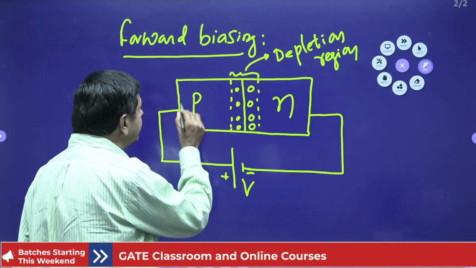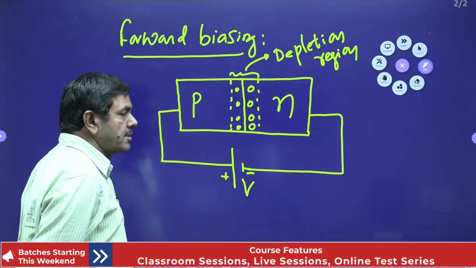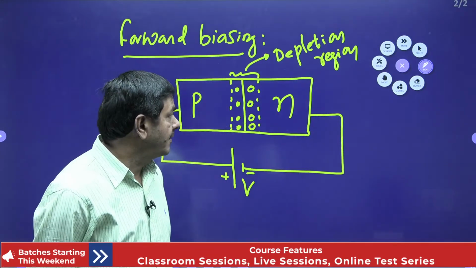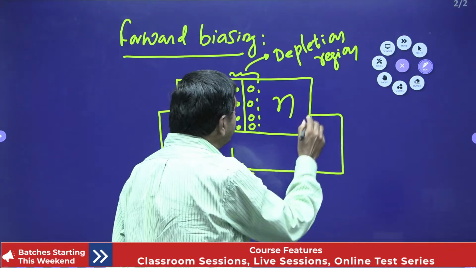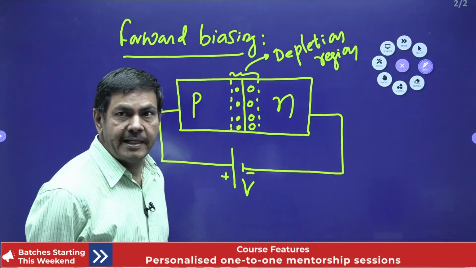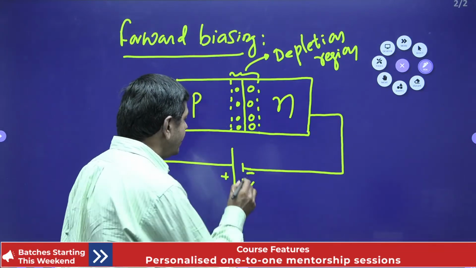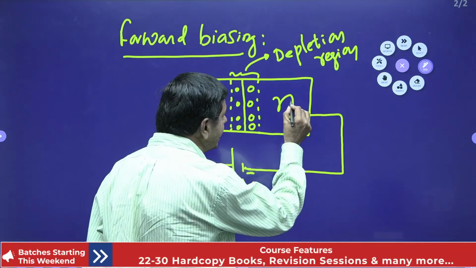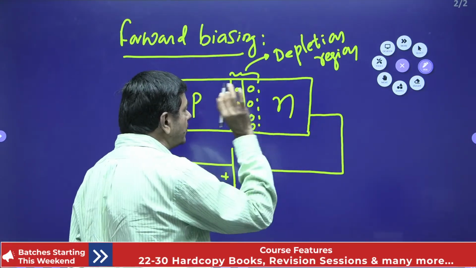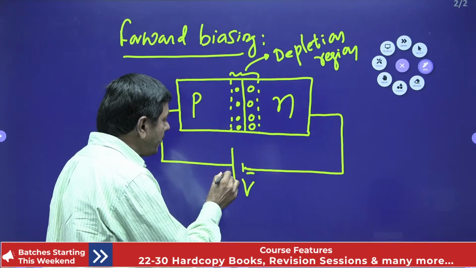P-type material contains a number of holes. Holes are positively charged particles. N-type material contains a number of electrons. They are negatively charged particles. This is the negative electrode, and electrons are negative. This side negative and negative, that side positive and positive.